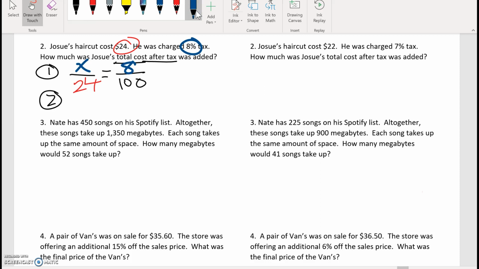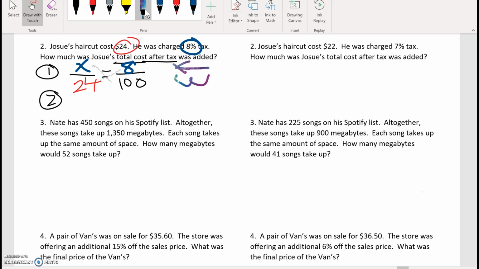So, of course, we're going to do our cross product. So we'll do 24 times 8, and then we're going to divide by the number in the diagonal with our variable. So we're going to divide by 100. Remember, when we are dividing by 100, we're going to be moving our decimal to the left 2 places. Okay, so just remember that.